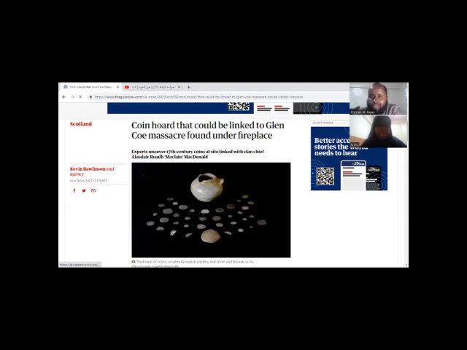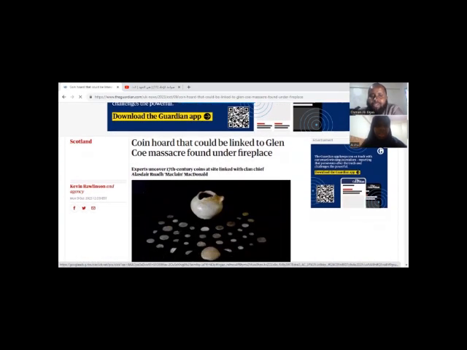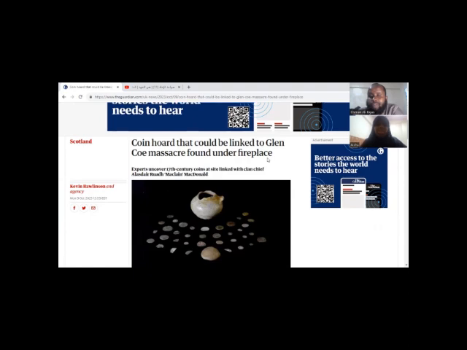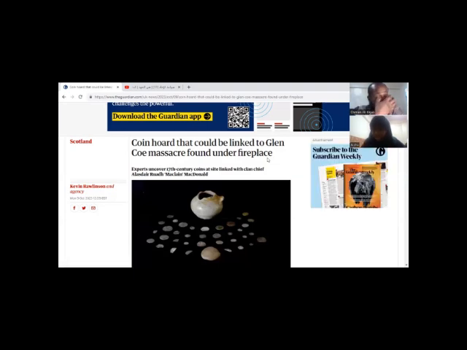As you can see from the heading, it says coin hoard that could be linked to Glencoe massacre found under fireplace. So it's a coin hoard. Do you know what a hoard is? A hoard is another word for group. A group of coins, or a bunch of coins, that could be linked to the Glencoe massacre found under a fireplace.